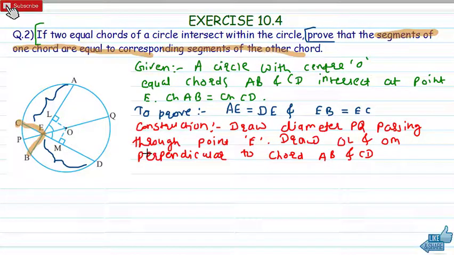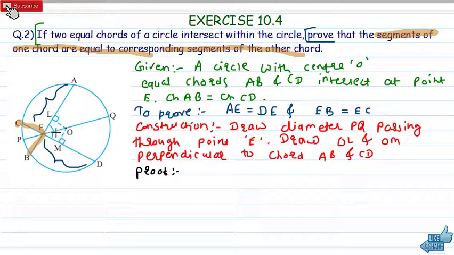Now after that, it's time to write the proof. The first part is very simple, that is, we have to show that LE is equal to ME. See, actually chords are equal, so it means the perpendicular distances from the center are also equal.